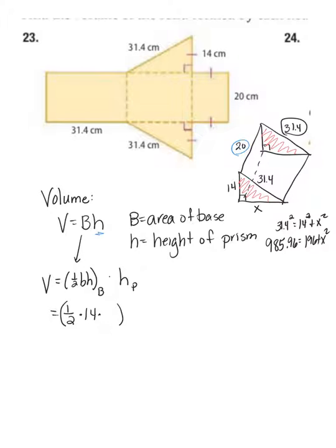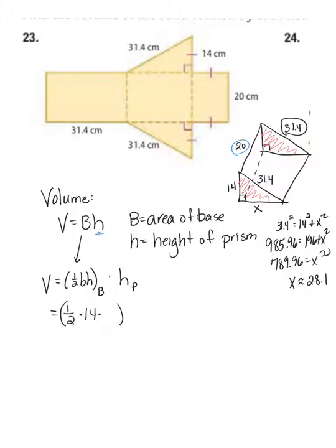So if I take my 985.96 and subtract 196, I'm going to get 789.96 is x squared. So let's take the square root of that. And I'm going to get for my x an approximate answer of 28.1.